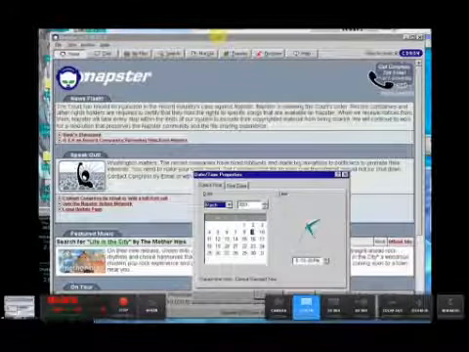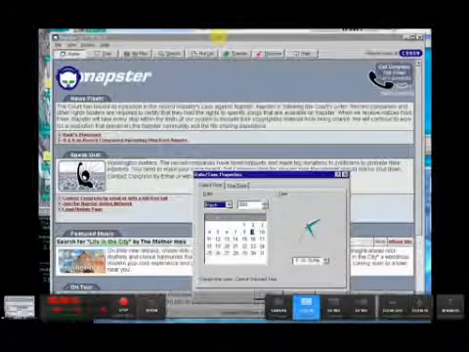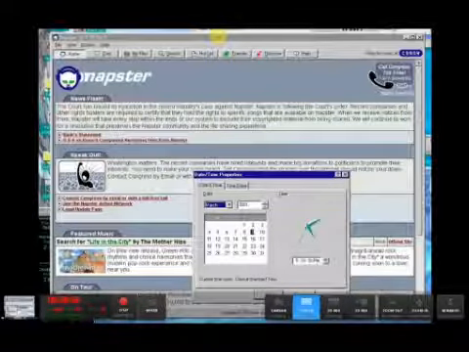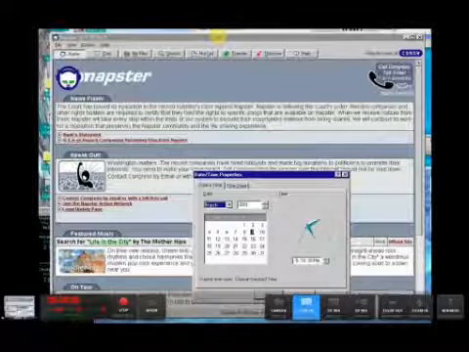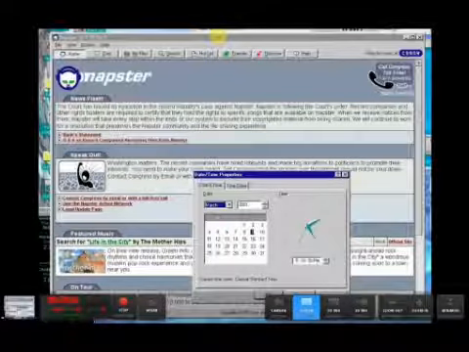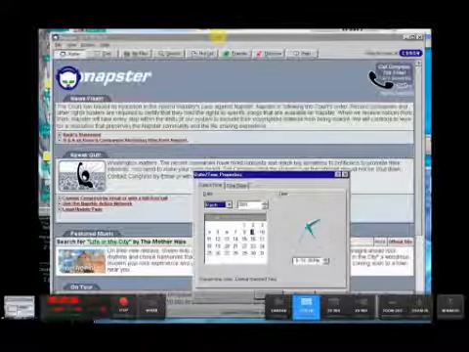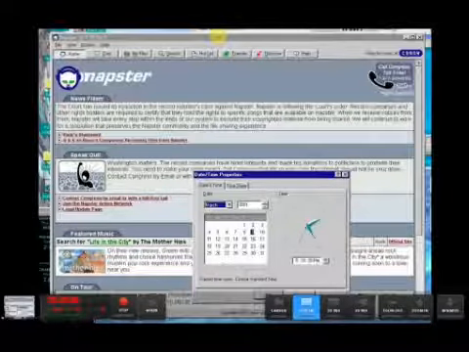So when we share music peer to peer, we are working and sharing things, and we are going to explain this with some case studies.